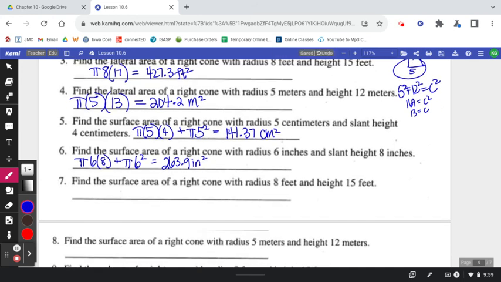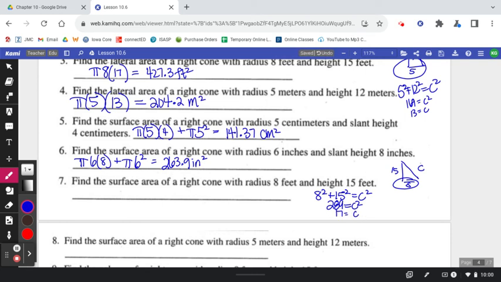Find the surface area of a right cone whose radius is 8 and height is 15. So Pythagorean theorem says that 8 squared plus 15 squared equals c squared. 289. The square root of 289, I know we already did that, 17.